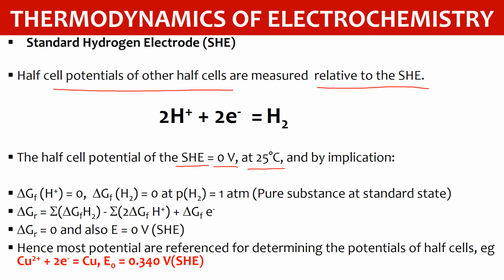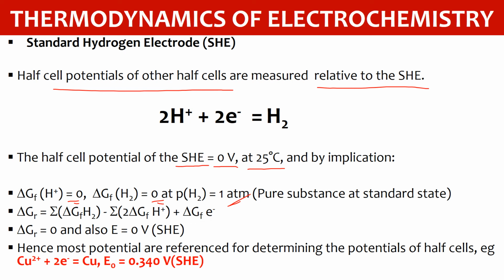Okay, so by implication, delta G of formation of H plus is 0, of H2 is also 0, and the pressure of H2 is 1 atmosphere.